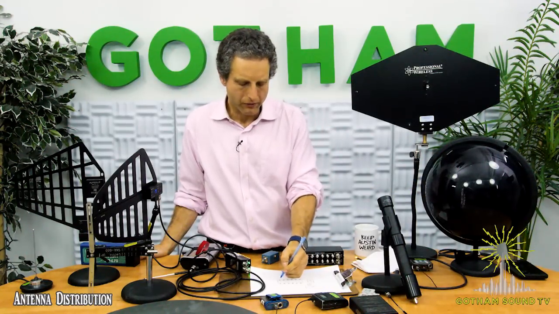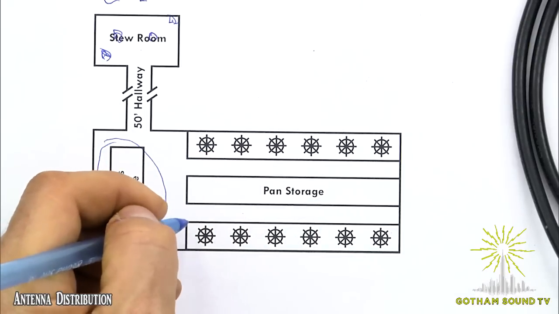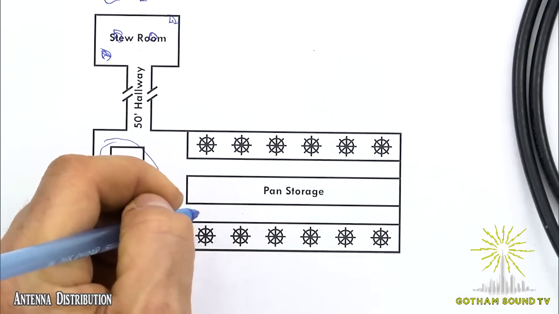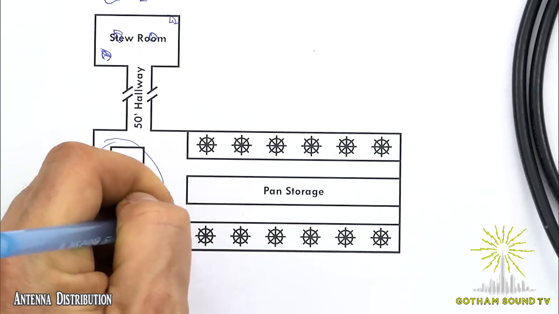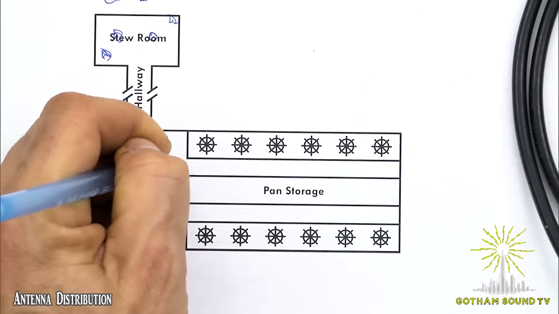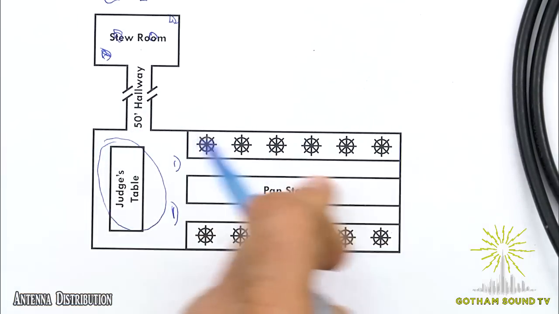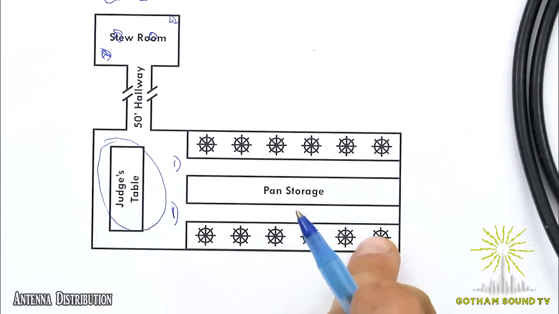So I might start to put antennas here, down this area for one antenna, and down this area, and that gets people here.